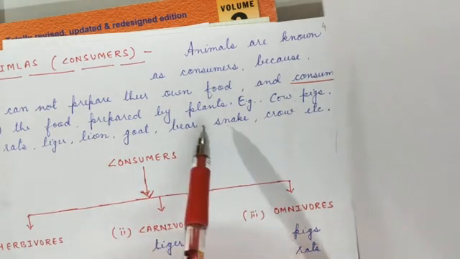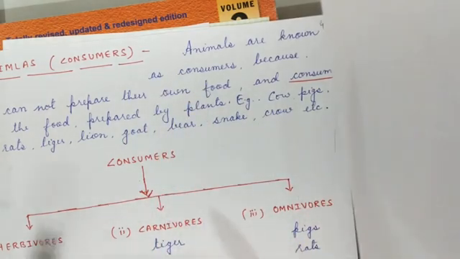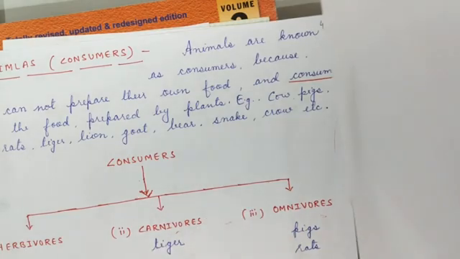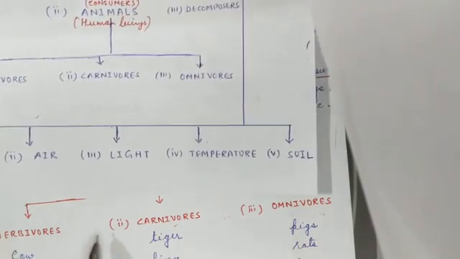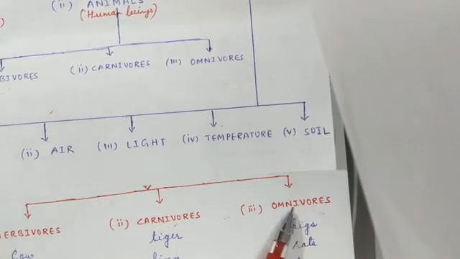So on this basis, these animals or consumers or heterotrophs can be divided into three types. Here in this flow chart also we have written. So they are of three different types: herbivores, carnivores and omnivores.